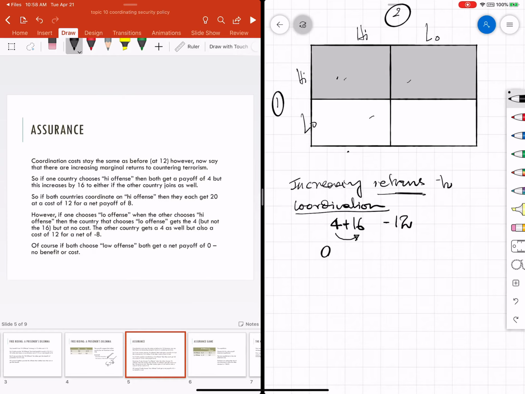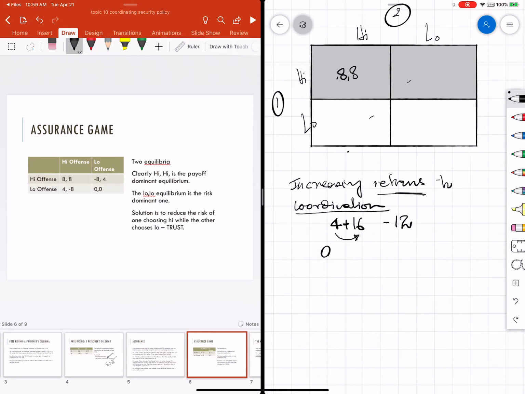Now, here's the cool thing. There's a reason why these numbers are chosen the way they are. So that still gives you 20 minus 12. And so over here, it's 8 and 8, right? But things are different on this off scenario. Now, the benefit to the country which chooses a high defense is that they get a benefit of 4 minus 12, which is minus 8.